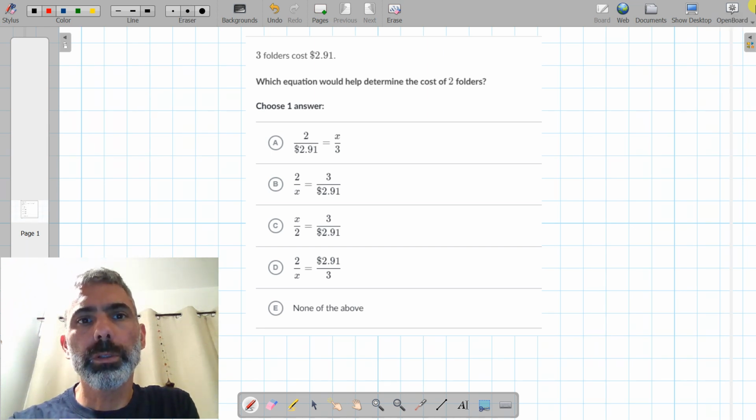3 folders cost $2.91. Which equation would help determine the cost of 2 folders?